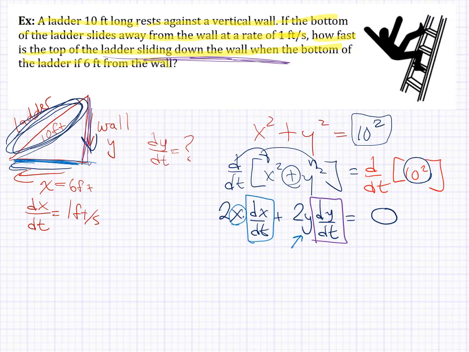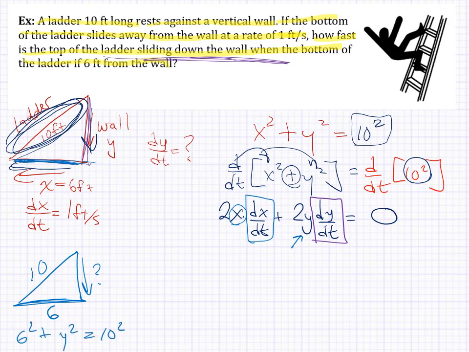Well, we can figure out what y is, because remember, this is a right triangle. Basically, the ladder is always 10 feet. The specific point in time where we're trying to find the change in the height of the wall, the distance away from the wall at the bottom will be 6. So we could figure out what this measurement will be by saying 6 squared plus y squared equals 10 squared.